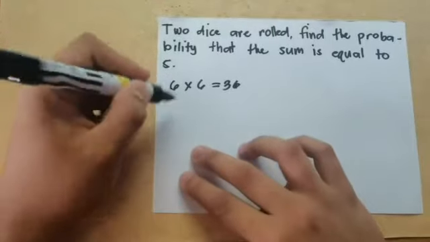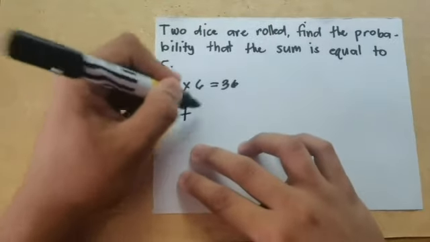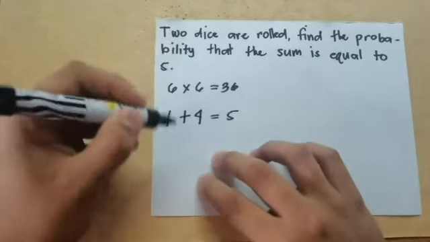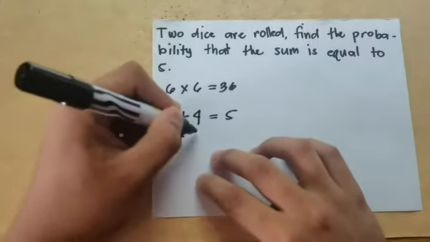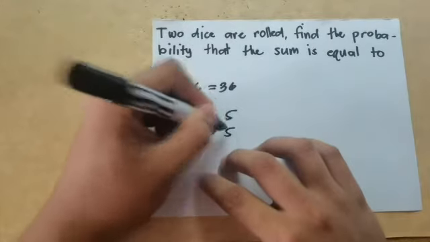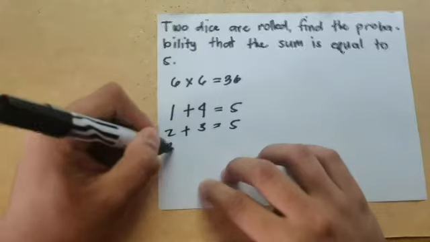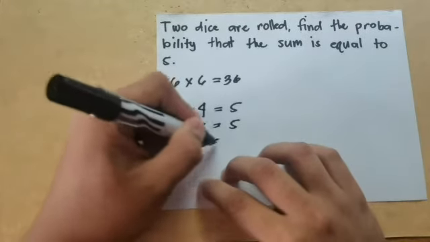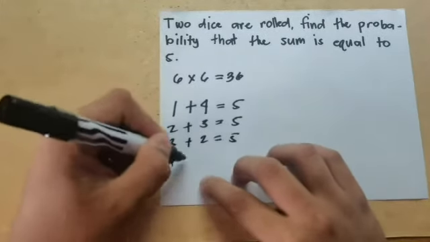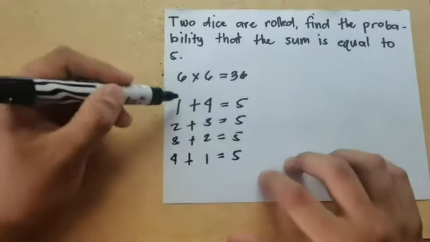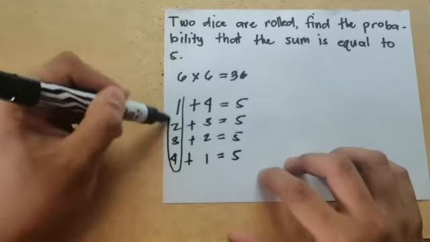So numbers 1 and 4 equal 5, numbers 2 and 3 equal 5, numbers 3 and 2 equal 5, and 4 and 1 equal 5. So the first column represents the first die.